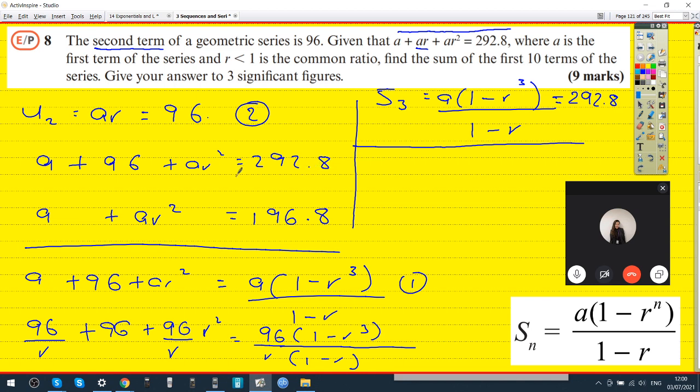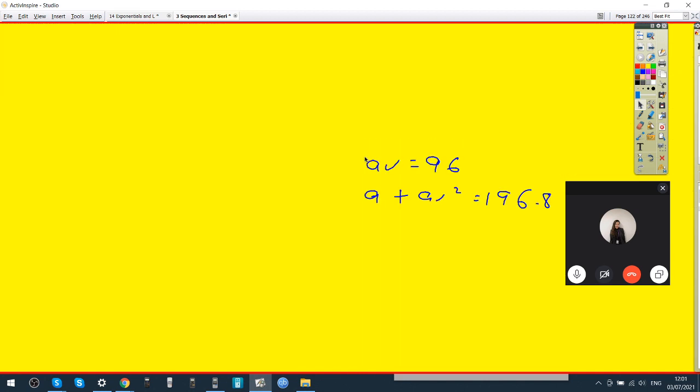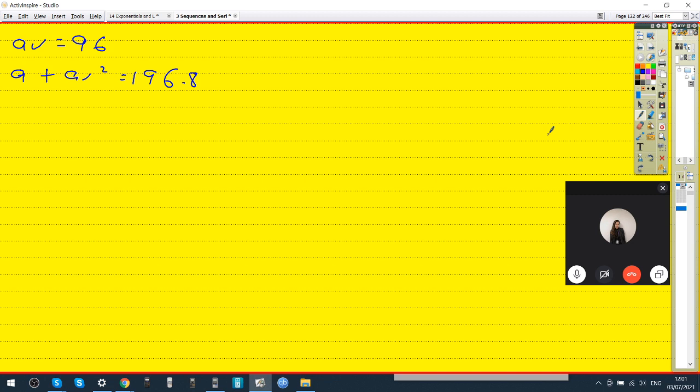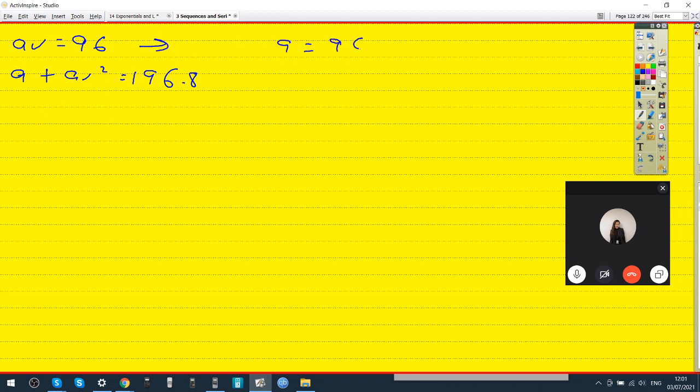So this one is as good as any. AR equals 96. I think that's all we need. And A plus AR squared equals 196.8. I think those two equations are all we need. Okay, so we said A is 96 over R, which was easier to sub.